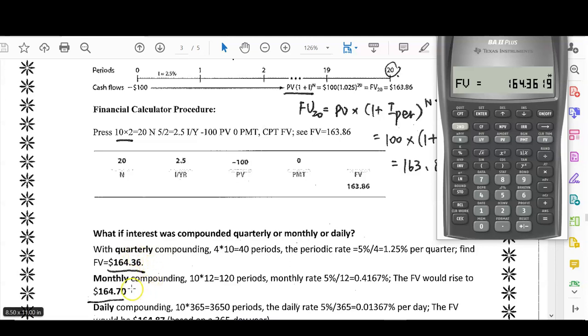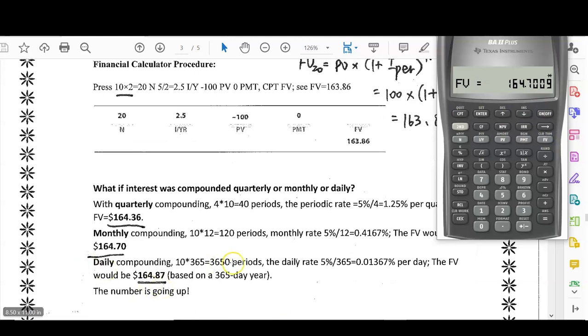If we compound at monthly frequency, then we have 10 years multiplied by 12, with 12 as M, as our N. Our monthly rate would be the stated rate 5% divided by 12. Input this as I, compute for future value. We would have an even higher number, 164.7.